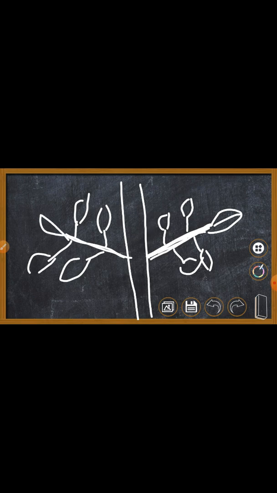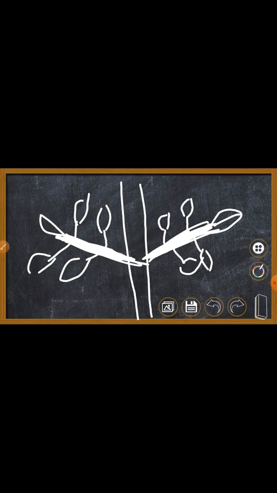Understood? So how do you look at a plant and figure out whether it is a branch or a compound leaf? The thing which I am shading right now, the portion which I am making fat: if it is brown in color, then it is a branch.